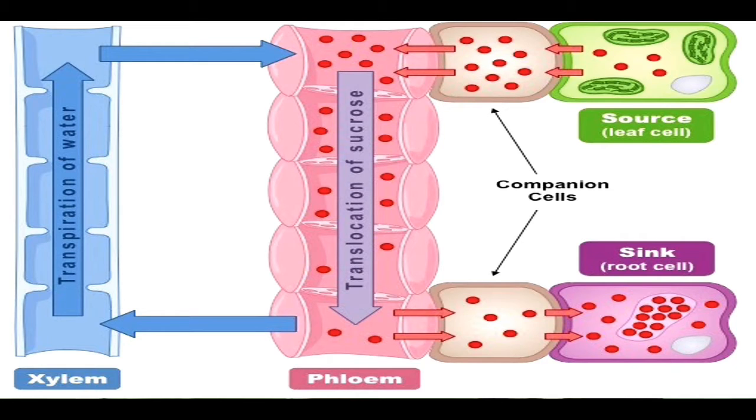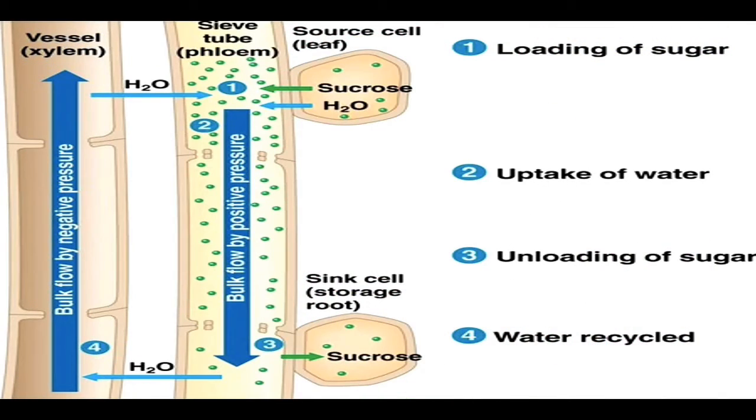Such a transport system is a mass or bulk flow system which operates through development of pressure differences between the source and sink, which you can see in the picture. This is the upward movement of long distance transport of water.